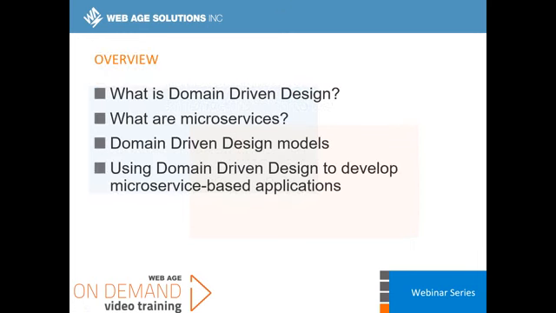So we will start by answering a couple of simple questions. What do we mean by domain-driven design? What do we mean by microservices? Like many of the other topics and things that we run into in our day, there is a difference that people feel when they read that word.